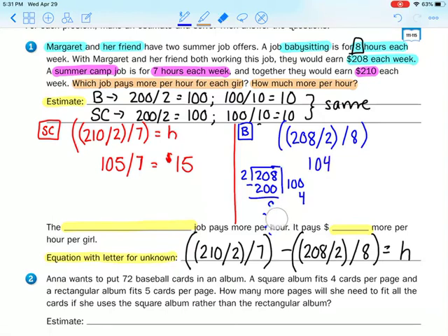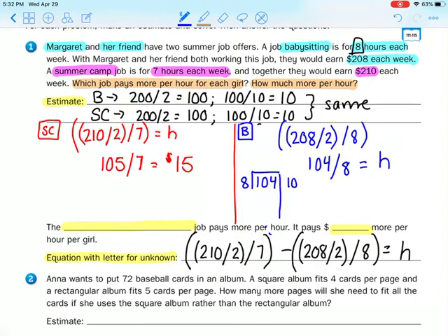So let me erase my work here. So the girls made $104 a week. But we need to figure out how much they made in every hour they worked. They worked 8 hours a week, equals H. So if I do 104 divided by 8, well, I know that 8 times 10 is 80.